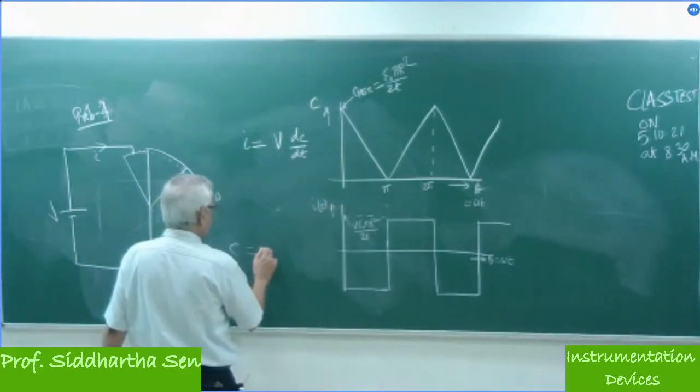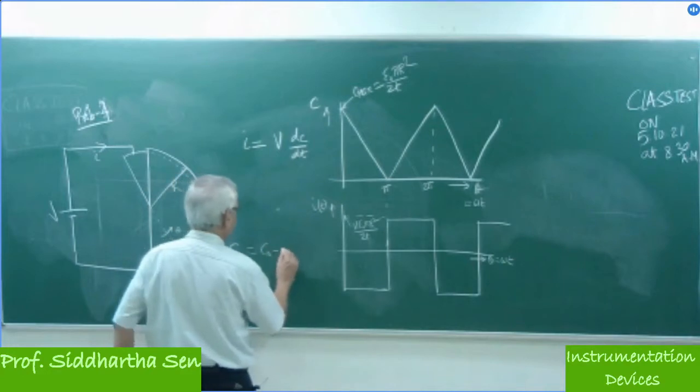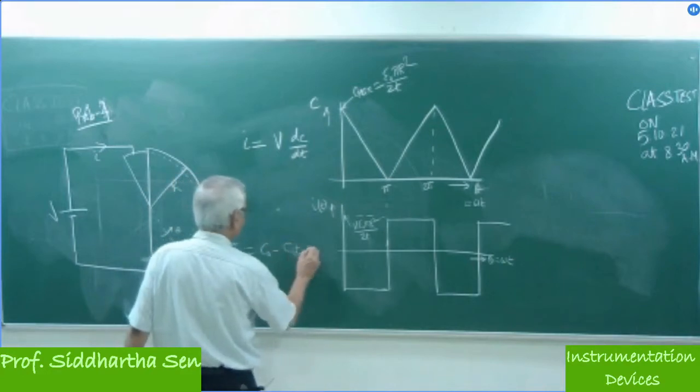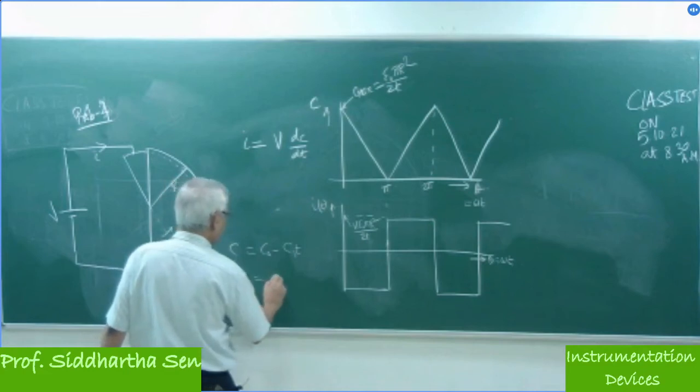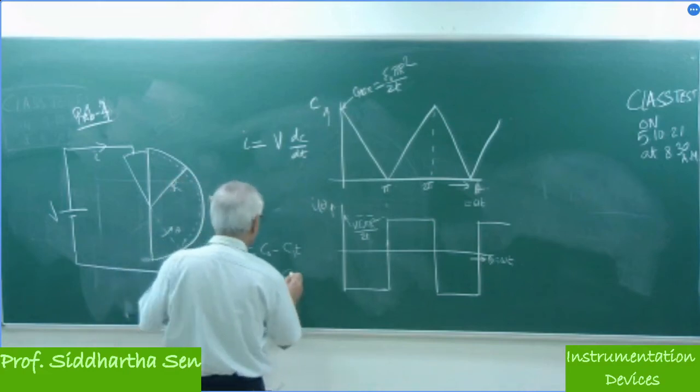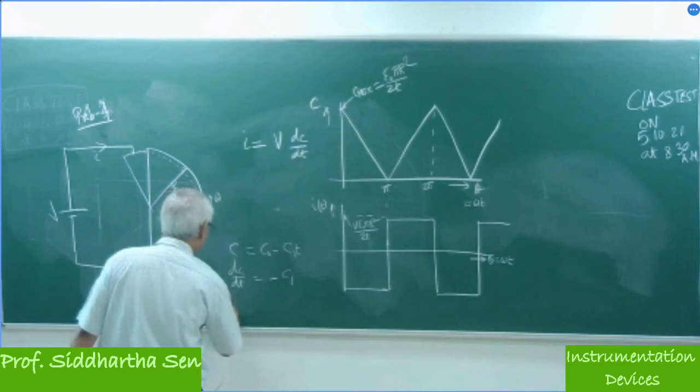So I can say that C is equal to C0 minus C1 into t. So dC/dt is equal to minus C1. What is C1?